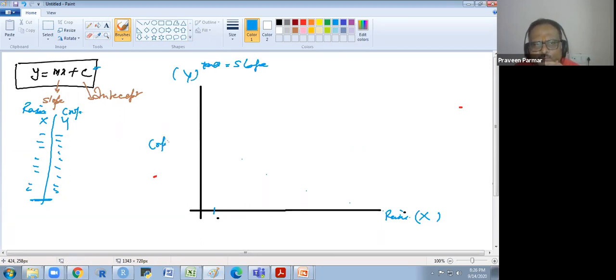Here the rain is in millimeters and the crop production is in metric tons. We are plotting these points. This year we got this much, then the second year this much, and so on. In this way we are getting these points.